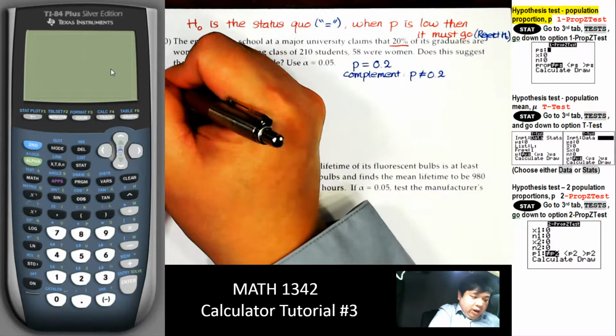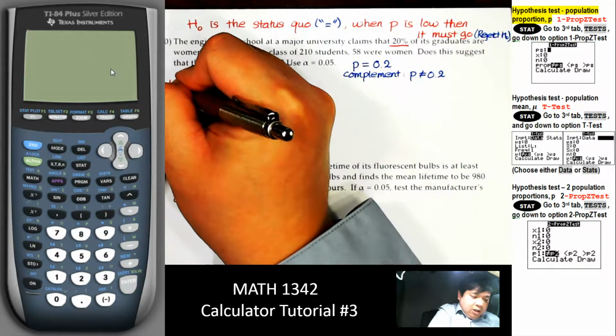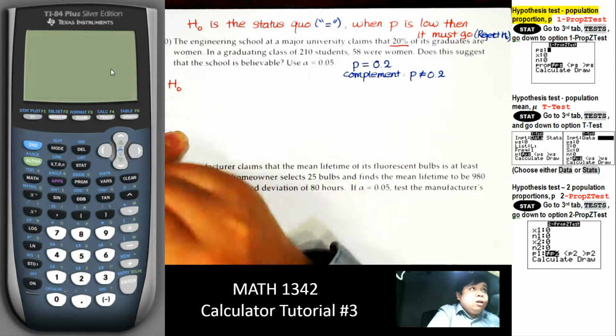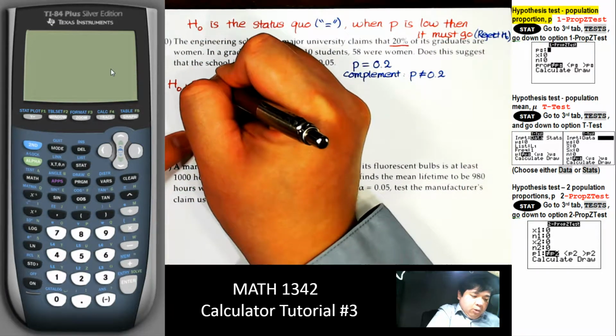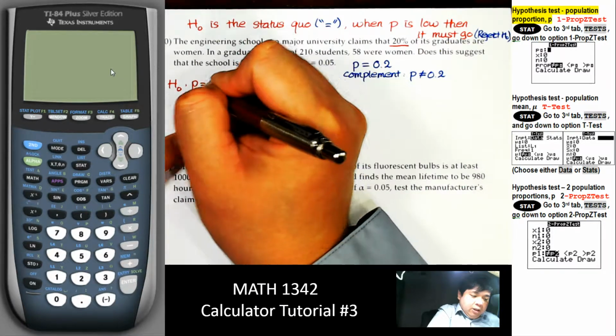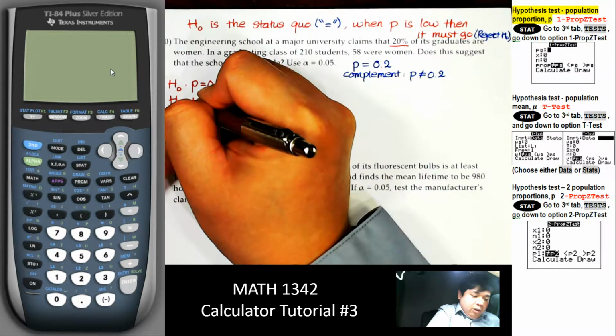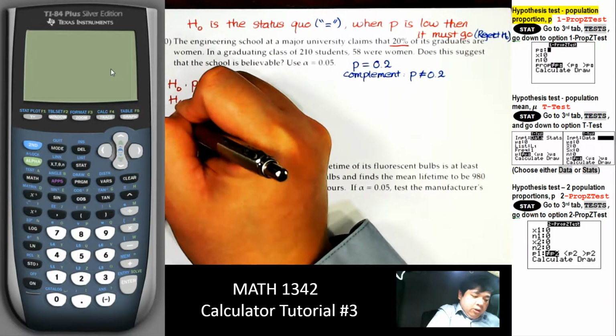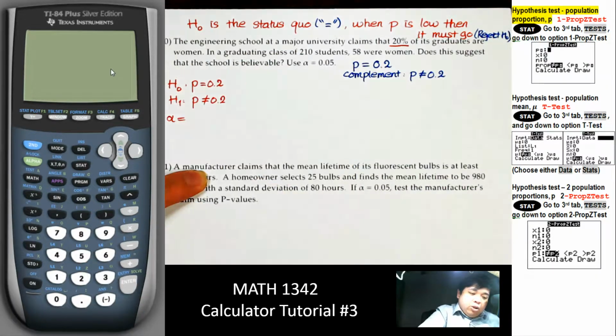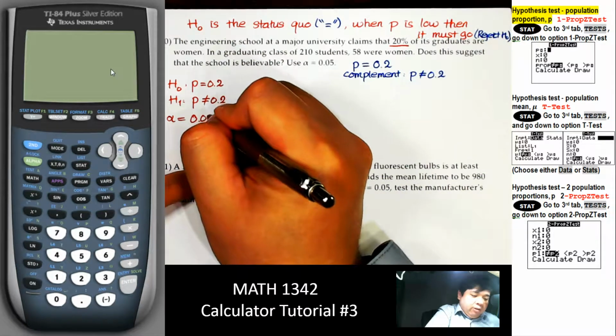So the first one we have is the null hypothesis, P equal to 0.2, H1 not equal to 0.2, alpha equal to 0.05.